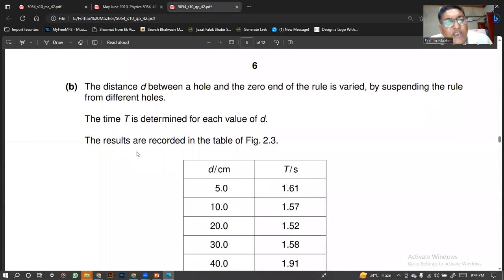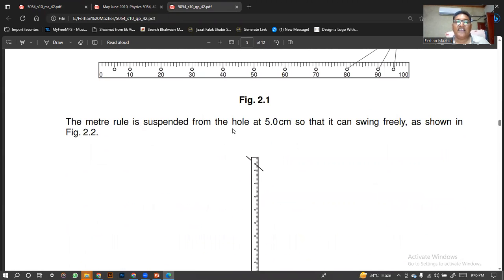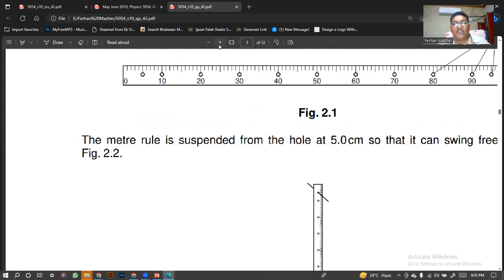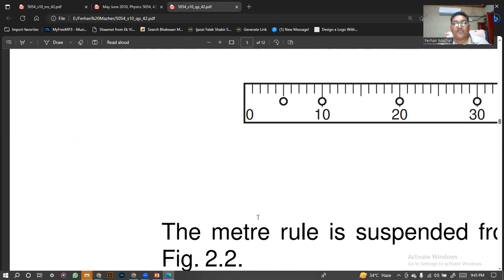The distance D between a hole and the zero end of the rule is varied by suspending the rule from different holes. The time T is determined for each value of the D. The results are recorded. This D is basically what?